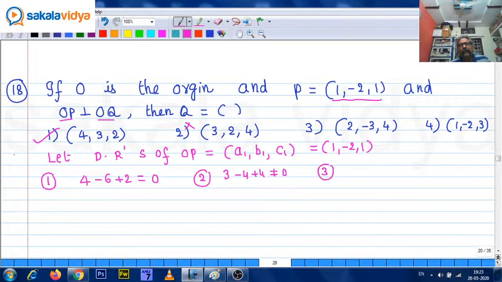Third: 2 plus 6 plus 4 does not equal 0, eliminated. Fourth option: 1 plus 4 plus 3 does not equal 0, eliminated. So the first option is the right option.